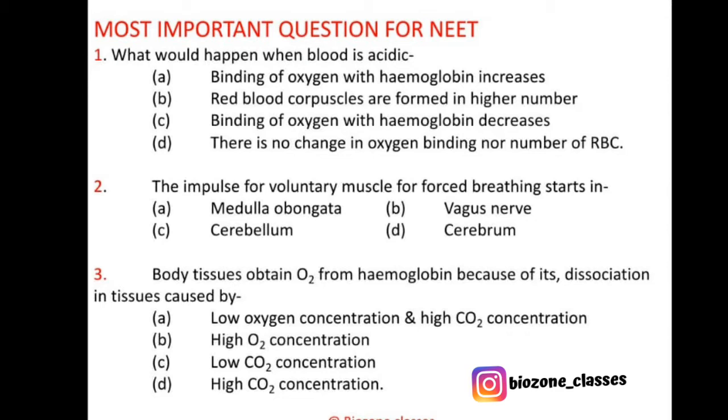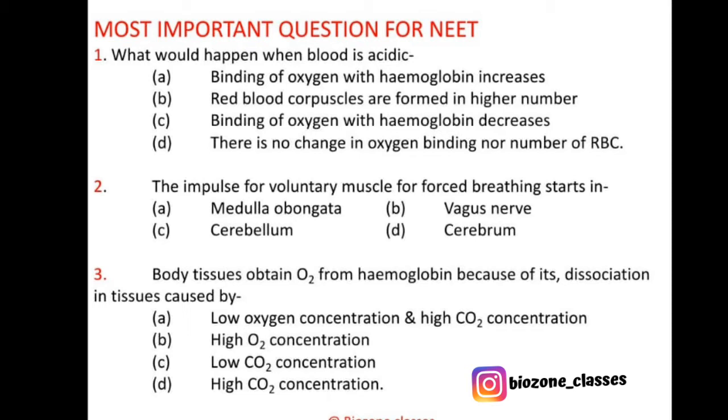Question number 1, what would happen when blood is acidic? Option A, binding of oxygen with hemoglobin increases. B, red blood corpuscles are formed in higher number. C, binding of oxygen with hemoglobin decreases.